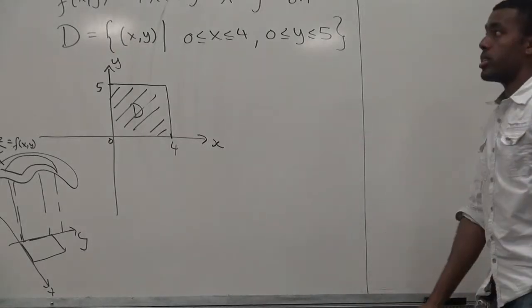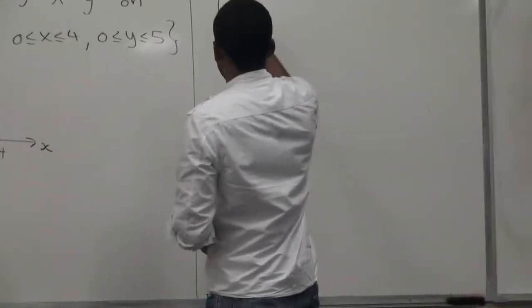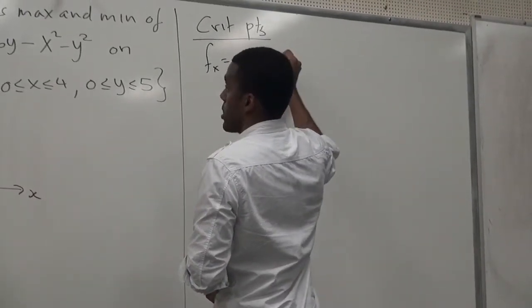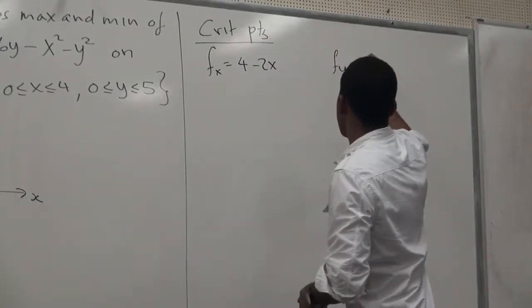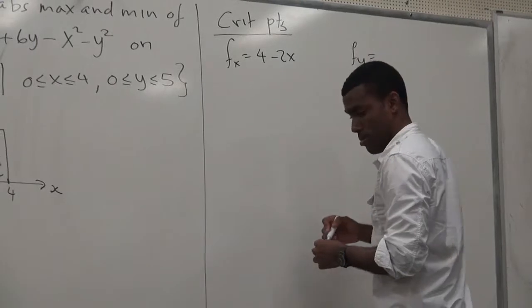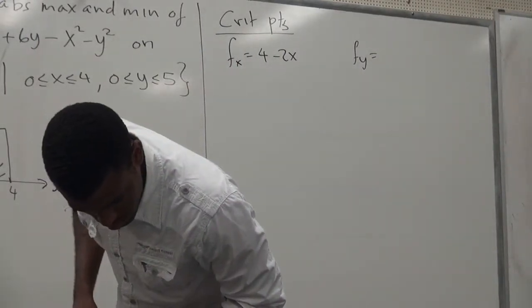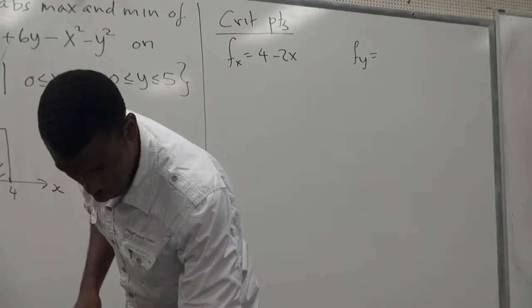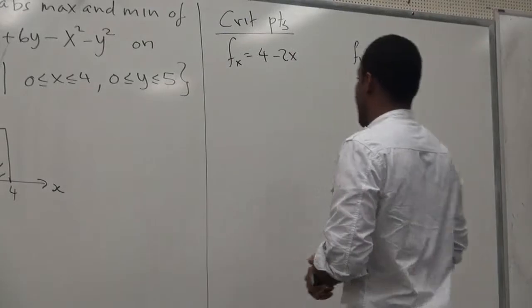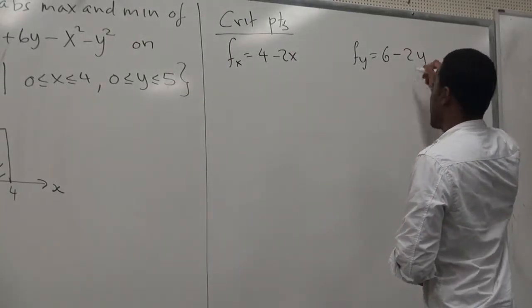How do we get the critical points? Fx is 4 minus 2x, and Fy is 6 minus 2y.